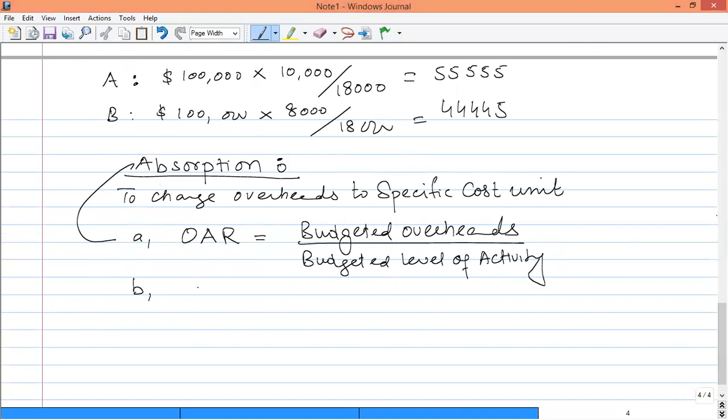In the next step, on the basis of the rate, we will charge the overhead to the product cost by using this formula: OAR multiplied by the actual level of activity.